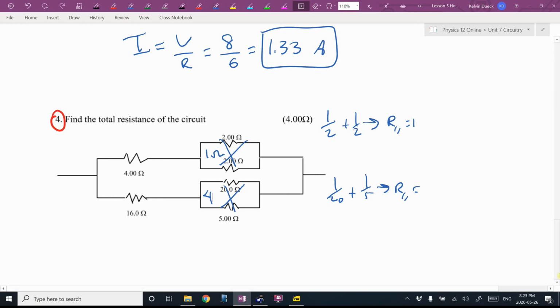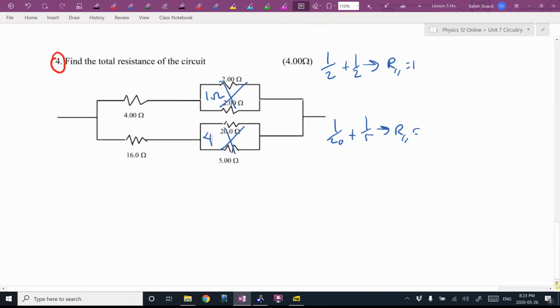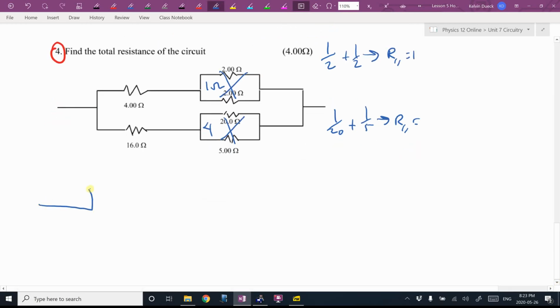So this thing is really a 4 ohm and a 1 ohm and a 16 ohm and a 4 ohm.